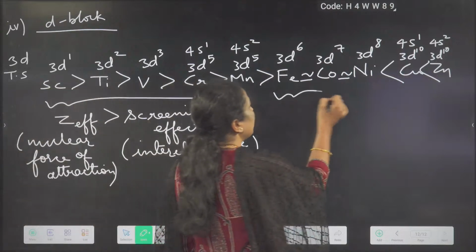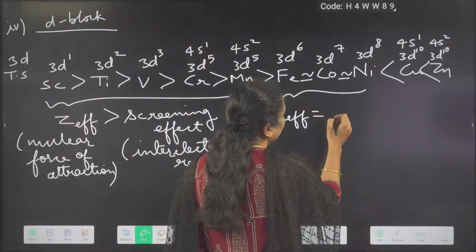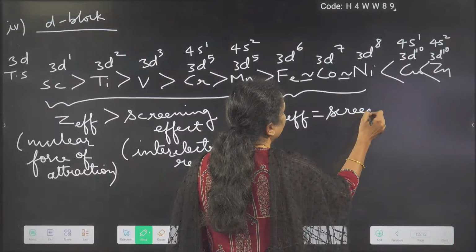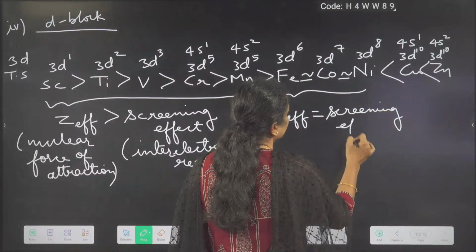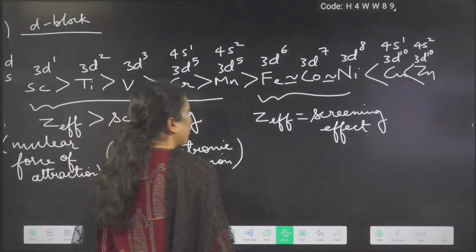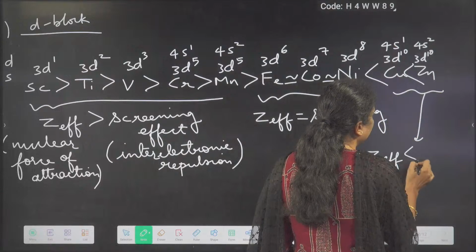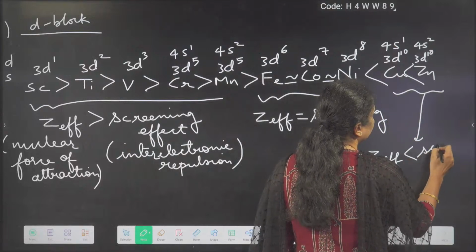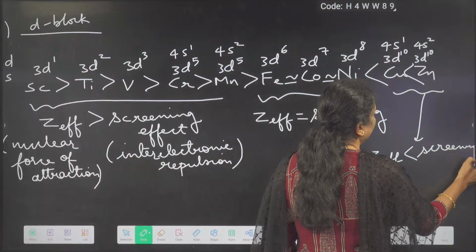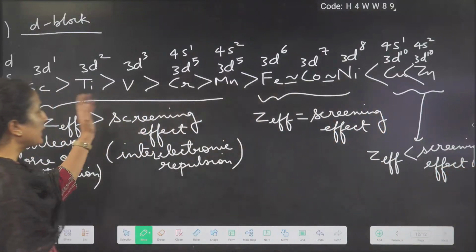Now, here what is happening? This Z effective is almost becoming equal to your screening effect or shielding effect. And here what is happening? Definitely repulsion is more dominating, so Z effective is lesser than the screening effect. Now try to understand why it is happening so.